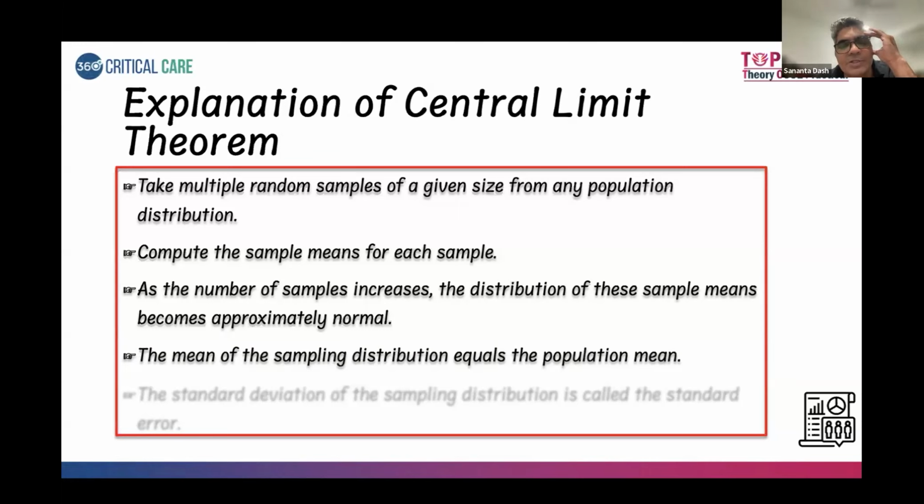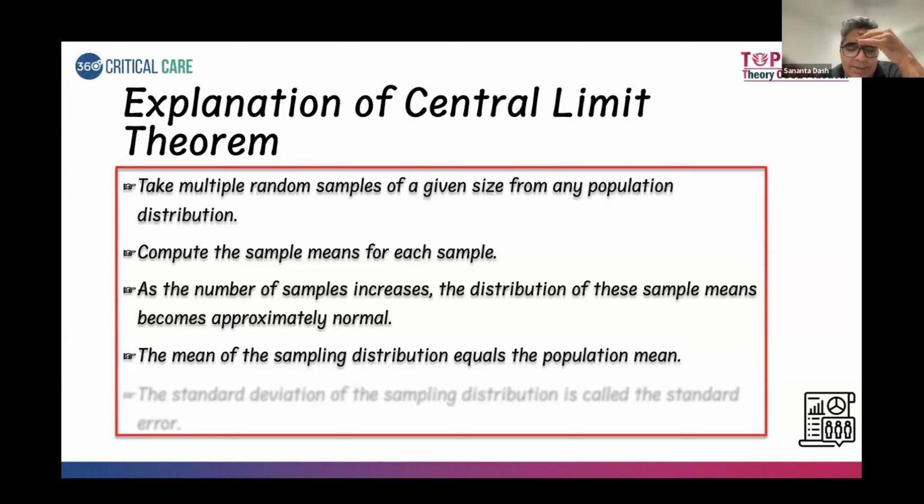The mean of the sampling distribution equals the population mean. So what happens is, if you have a bigger population, and you take small samples out of it, your sample mean tends to reach the population mean. Both numbers are more or less similar.